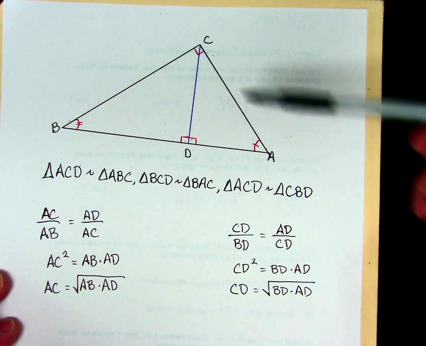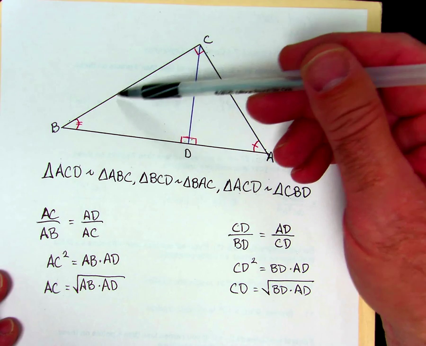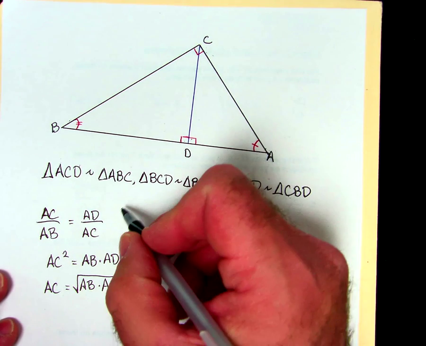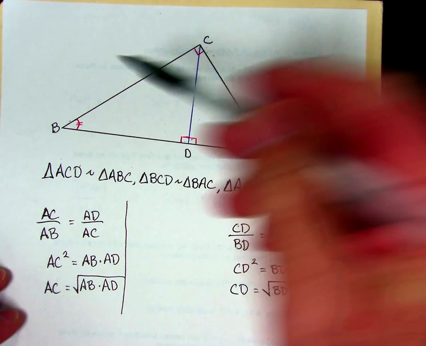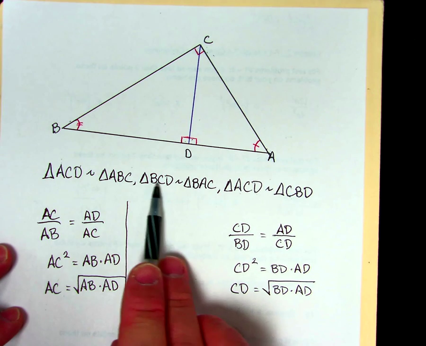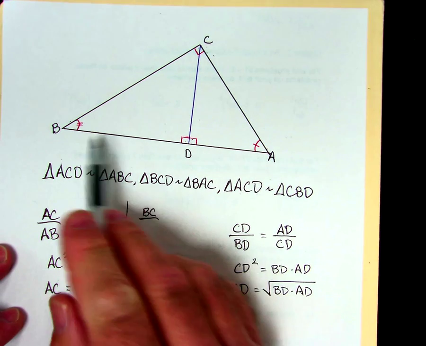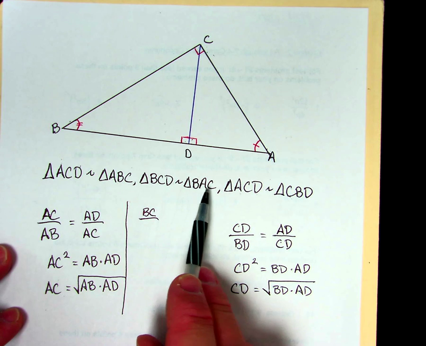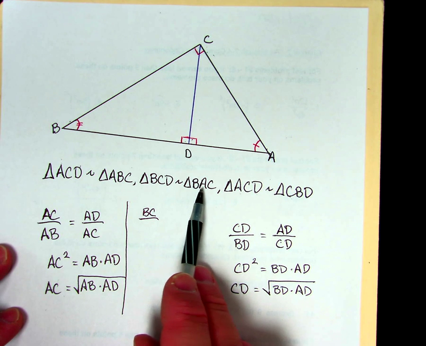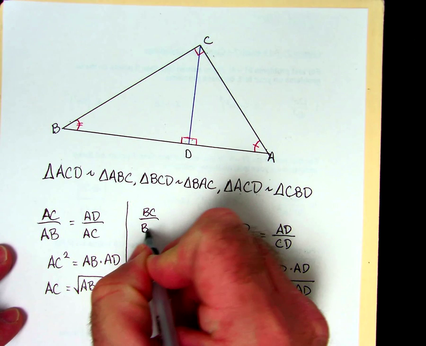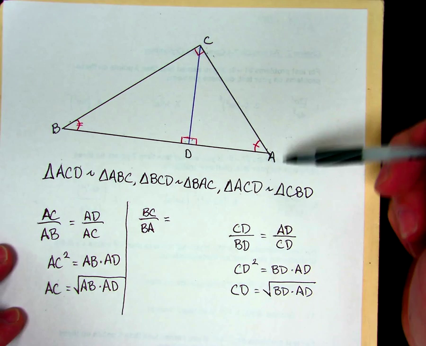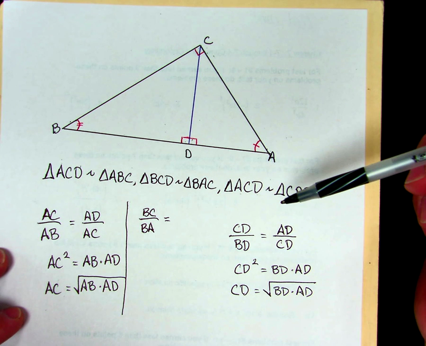Let's see if that's also true for this leg of our large right triangle. Well, segment BC from triangle BCD is going to correspond to segment BA's length from the large right triangle.